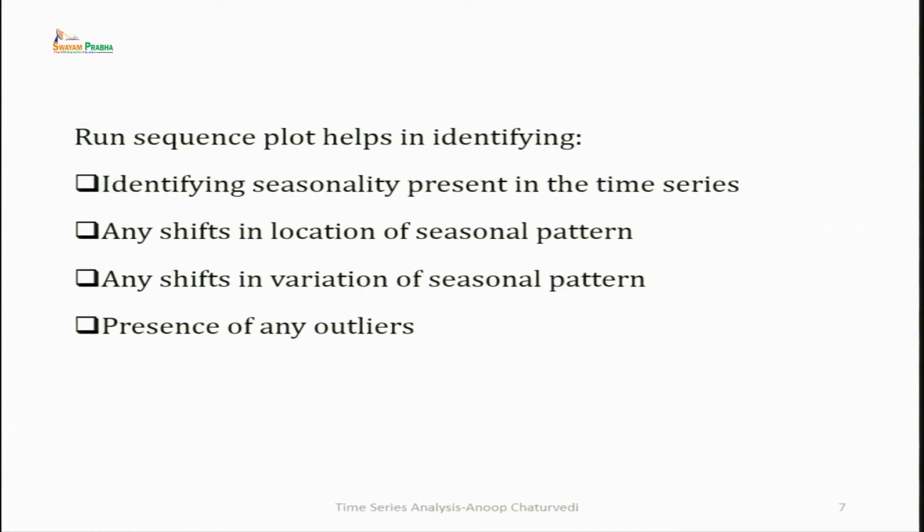Just for example, in 2020, because of the COVID problem, people avoided eating ice cream even in summers. So, demand for ice cream decreased. So, that particular observation is an outlier. Any such outliers can be easily detected using the run sequence plot.